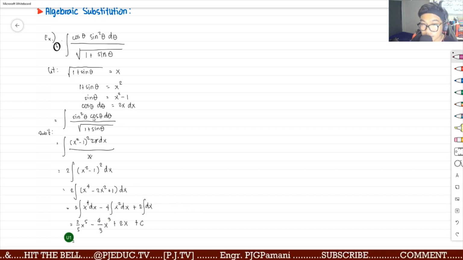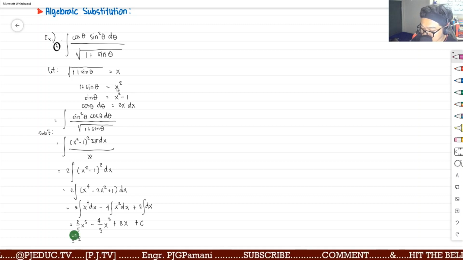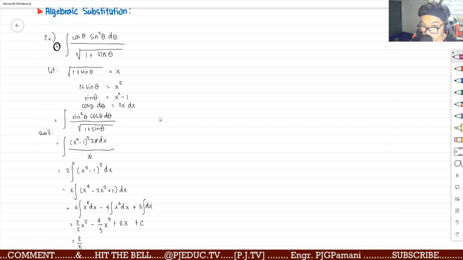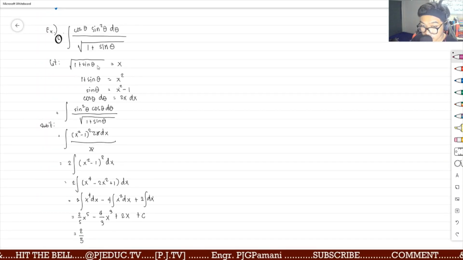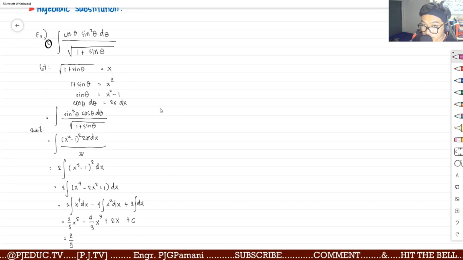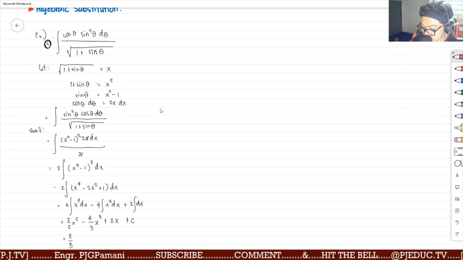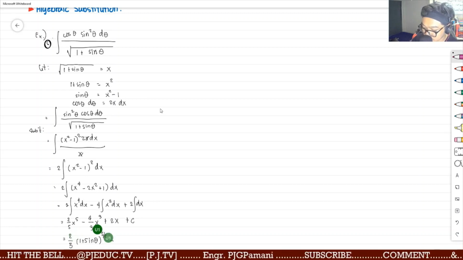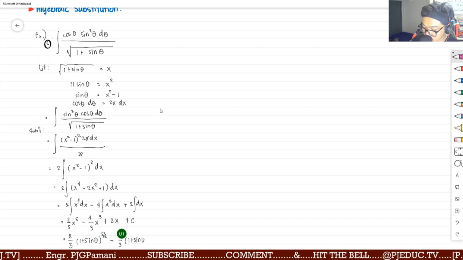So, ano yung assumption value ni x? x is simply the square root of 1 plus sine theta. So that is simply 2/5 of 1 plus sine theta raised to 5 halves minus 4/3 of 1 plus sine theta raised to 3 halves.